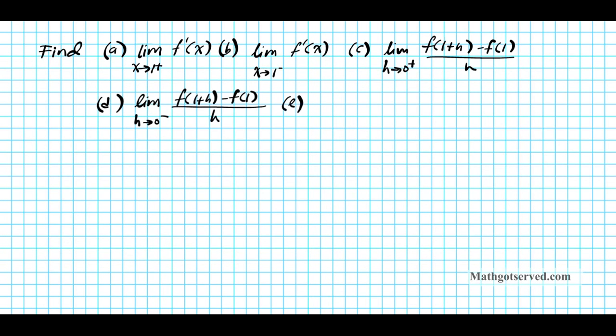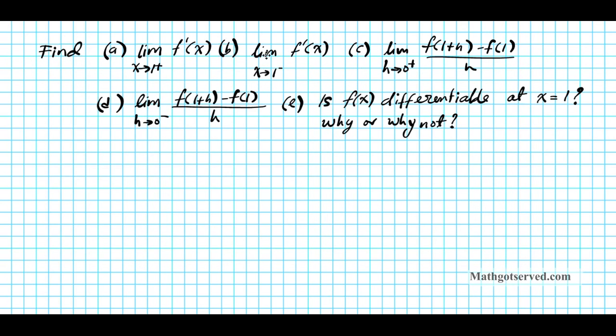And then part E is, is f of x differentiable at x equals 1? Why or why not? So you basically use your answers from these four previous parts to arrive at a conclusion, which indicates whether the function is differentiable or not at x equals 1.